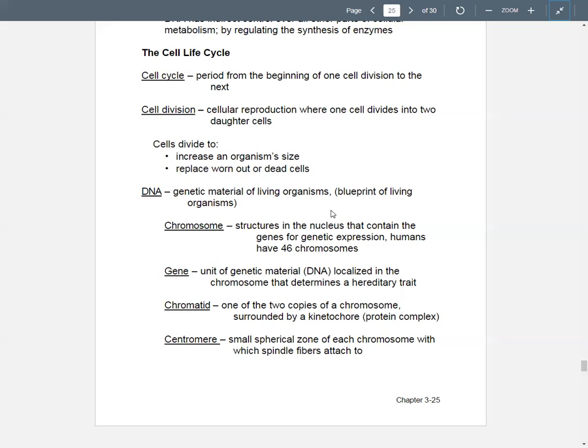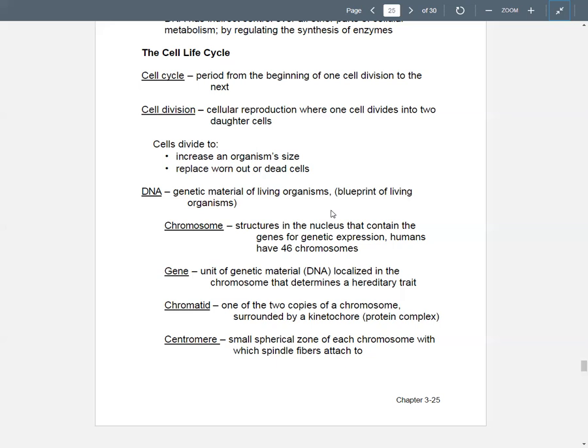Humans are going to have 46 chromosomes. Other organisms could have more or less. The individual genes are individual units of genetic material, or DNA, found on a chromosome. And that's what determines your different hereditary traits, your traits that you inherit from your biological parents. Now, chromatids are basically a copy of a chromosome.